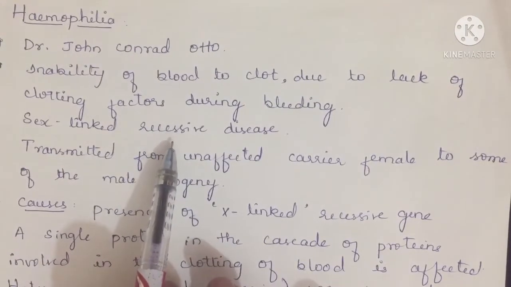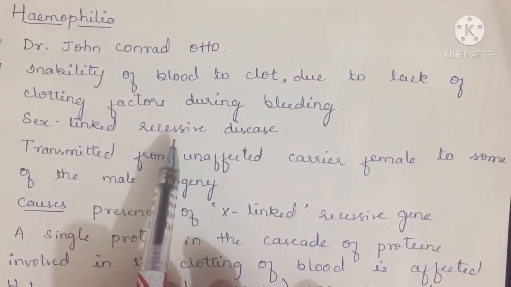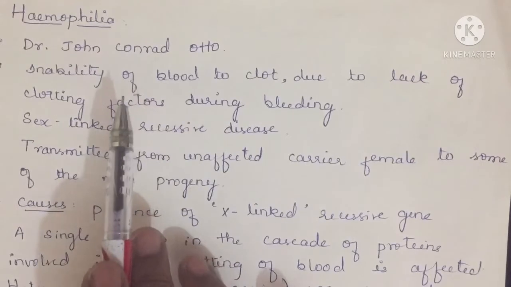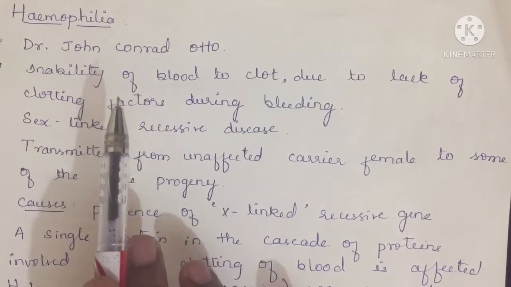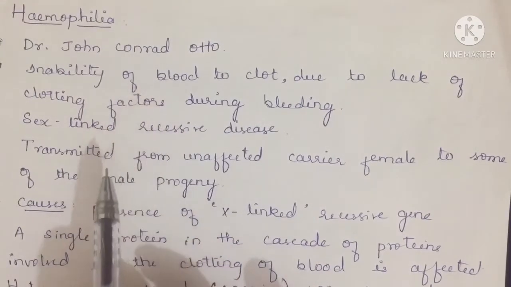Having this disease means it can be expressed or it cannot be expressed, right? Like one individual is having cancer. After diagnosis, that individual has been diagnosed as having cancer. One more person is there who is having cancer, but it is not expressing.